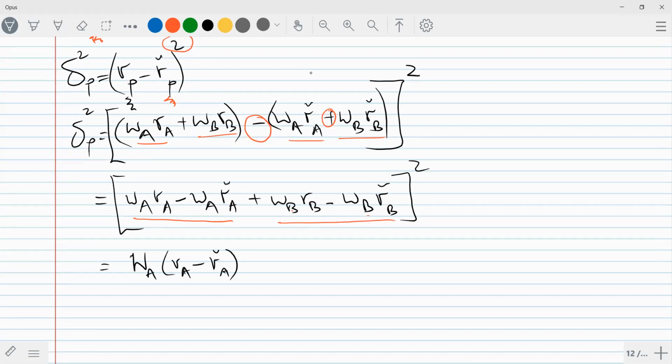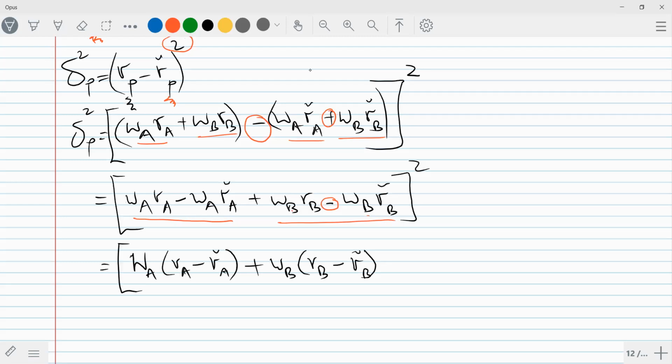Plus weight of asset B, return of asset B minus mean return of asset B. Simply what I've done here is I've put the weights outside of the bracket. Hope that's all clear.